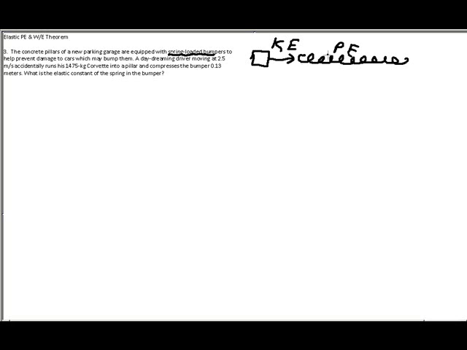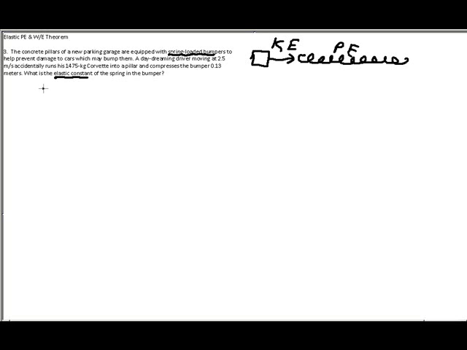They have different abilities to store potential energy, and they compress to different amounts when a certain amount of kinetic energy is pushed in on them. And what this question is asking is, what is the elastic constant? What is the amount of compression that this particular spring, the one in the garage, is capable of? So let's begin with what this is all about.